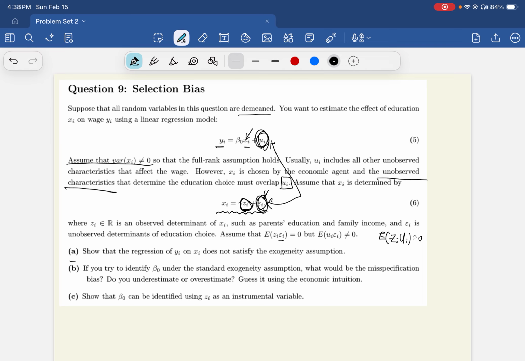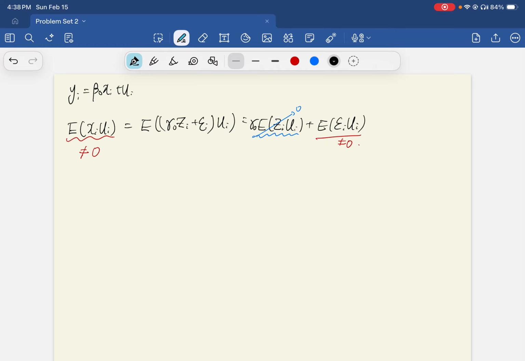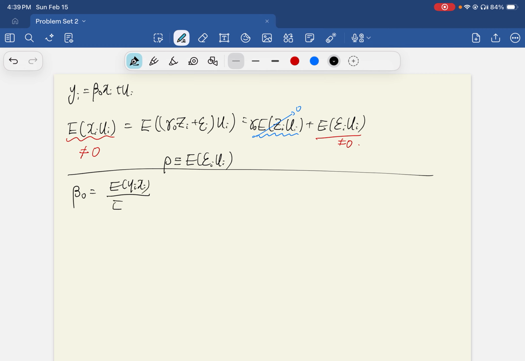If you try to identify beta 0 under the standard exogeneity assumption, what would be the misspecification bias? Okay. Here, let me denote the correlation between epsilon and u as rho. Under the standard assumption, you are going to think beta 0 equals this guy. But I will show that the equality does not hold, right?